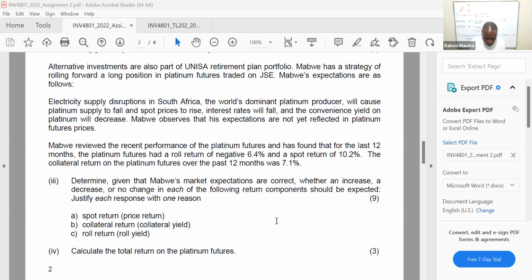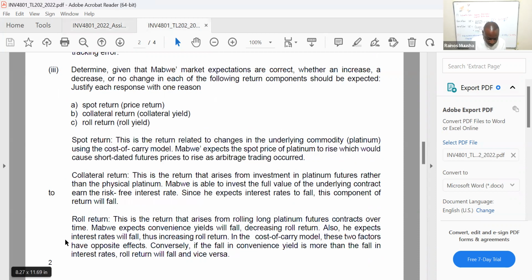Now, when it comes to the raw return, they say this is the return that arises from rolling long platinum futures contracts over time. So Mabwe expects the convenience yield will fall, decreasing the raw return. Also, he expects the interest rates will fall, thus increasing the raw return.